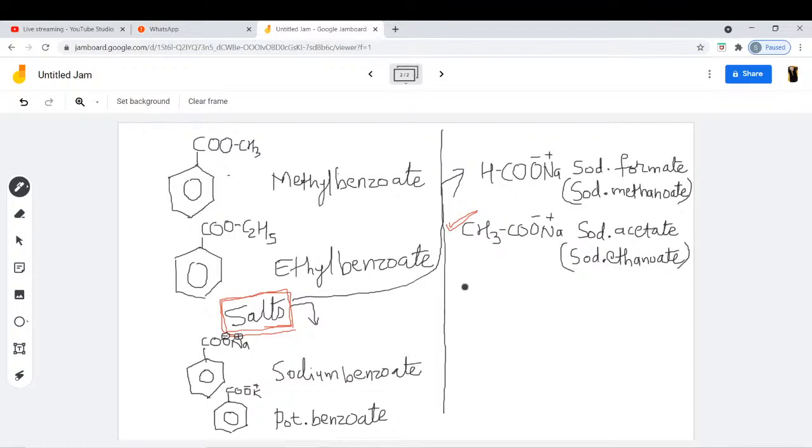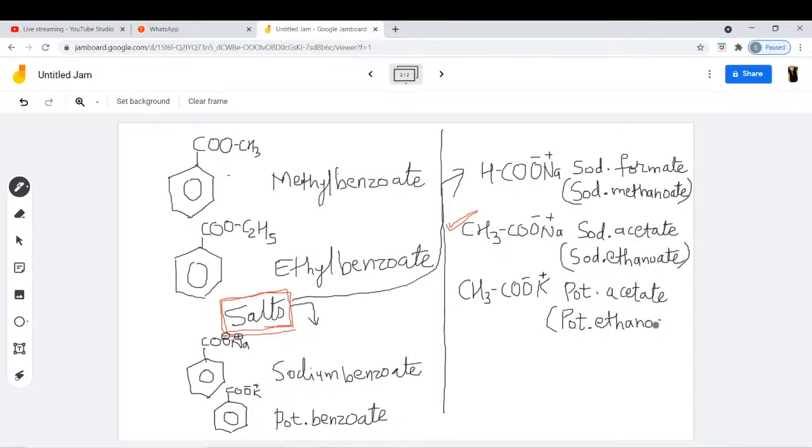I think this many examples are sufficient. Taking one more: CH3COOK. K carries plus and O carries minus. Its name will be potassium acetate, or, since two carbons means ethanoic acid, potassium ethanoate.